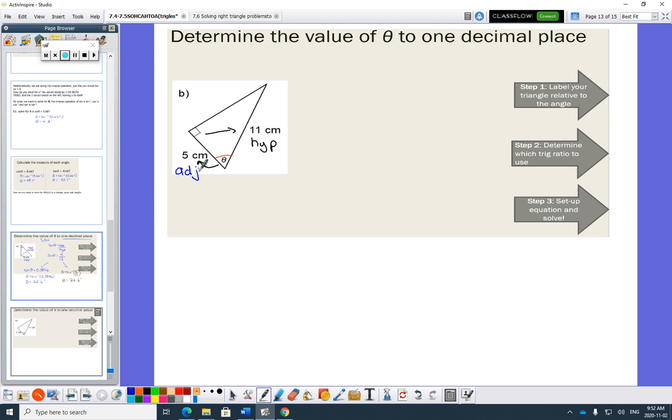So when you have adjacent and hypotenuse, yes, cos. CAH, if you like the acronym.